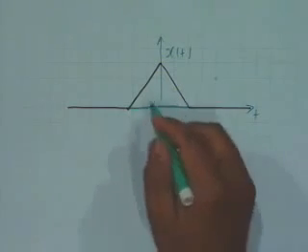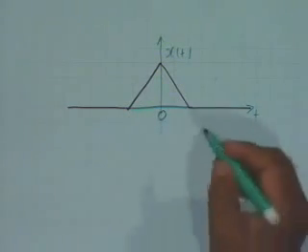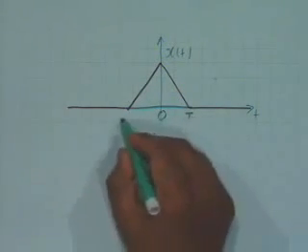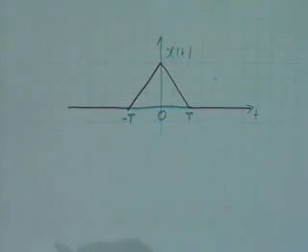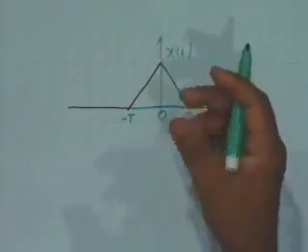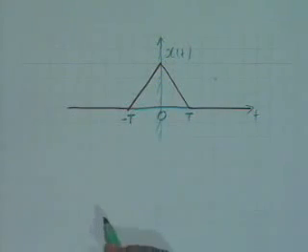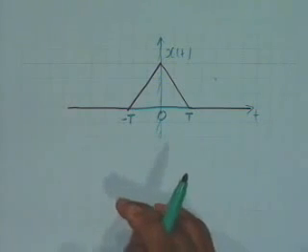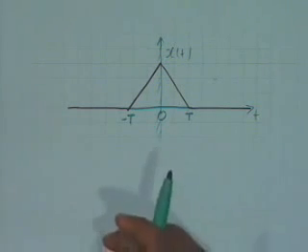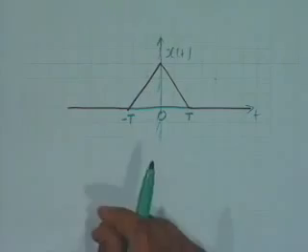If it is symmetrical about the origin, t equal to 0, and this is capital T and this is minus capital T, then naturally if we flip it or reflect it around the vertical axis, there is no change. Such signals, which with reflection or folding do not change, retain their original shape.